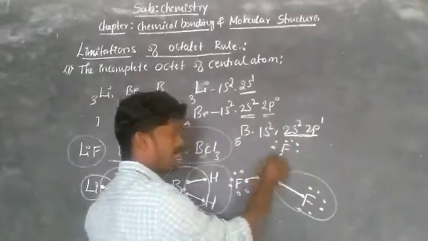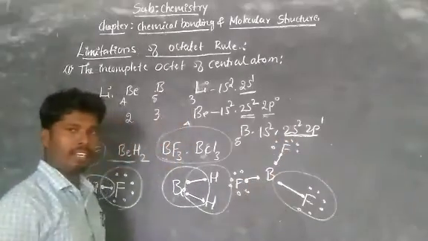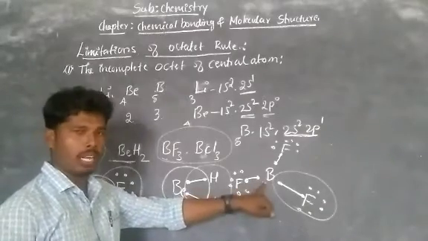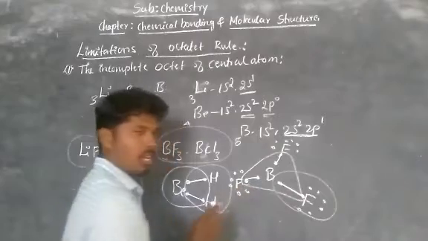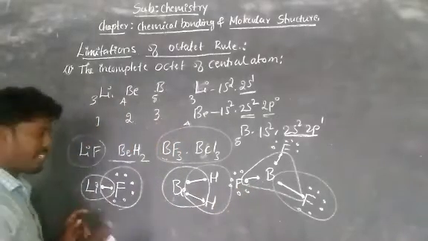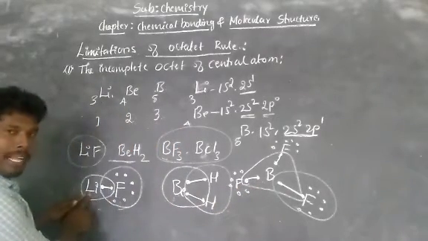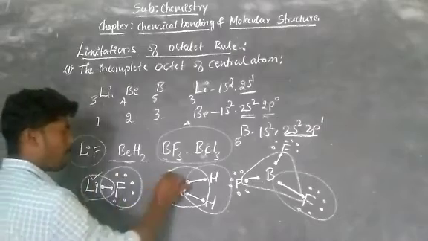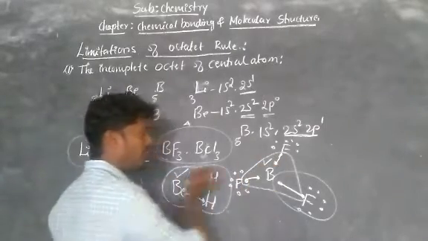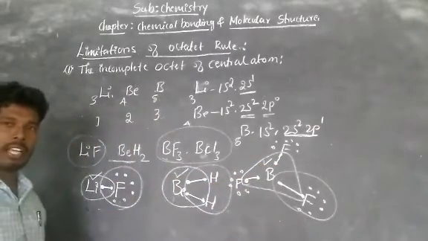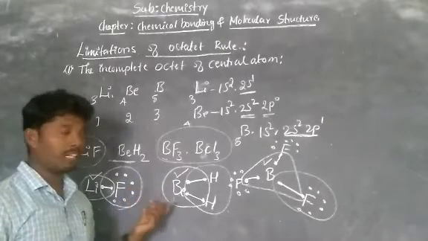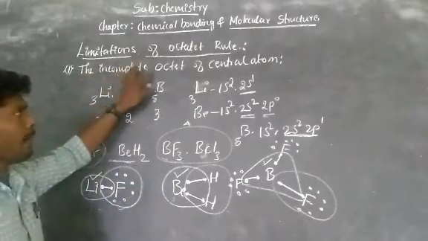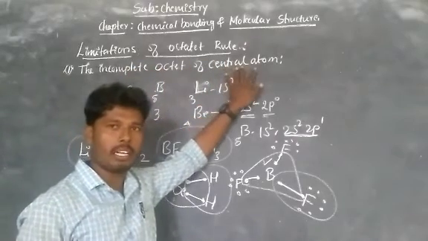Now observe that in this case the fluorine has 8 electrons, but boron does not; it has only 6 electrons. So the central atoms like lithium, beryllium and boron do not have 8 electrons around them in the valence shell, which we call the incomplete octet of the central atom.